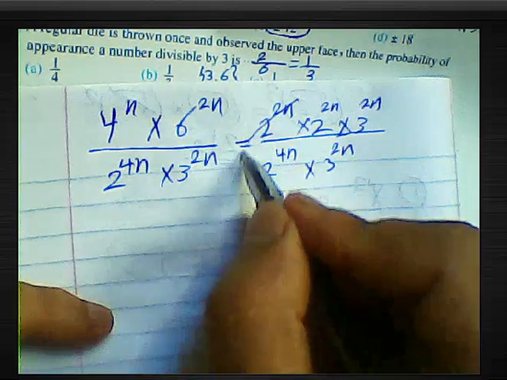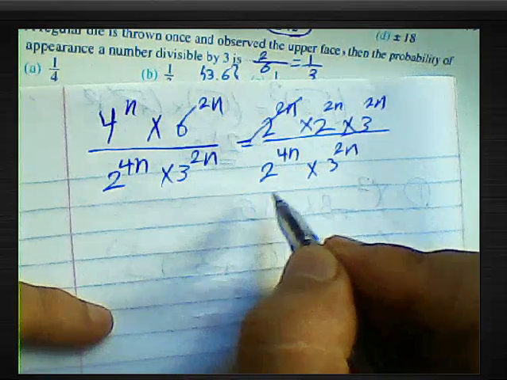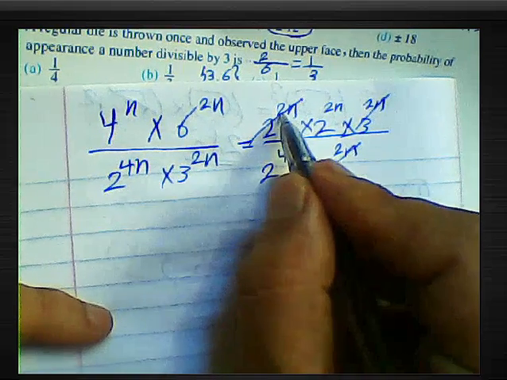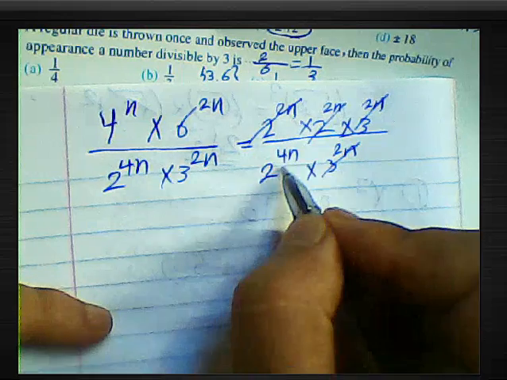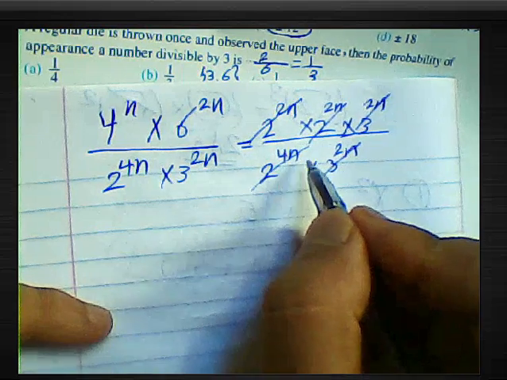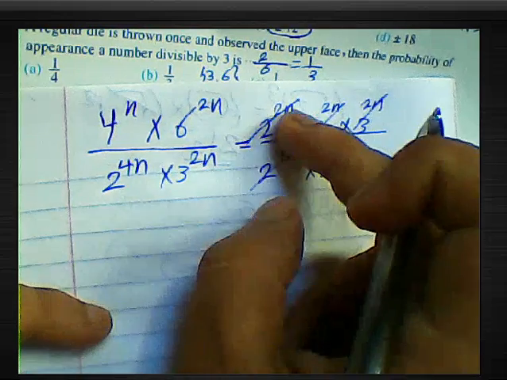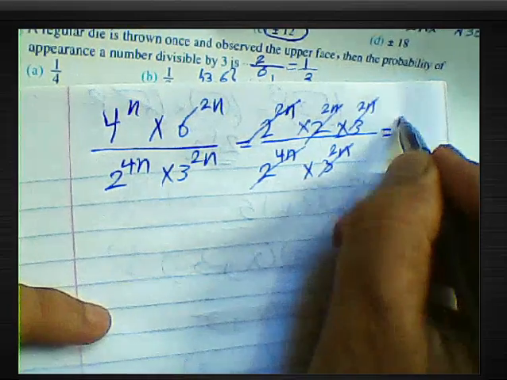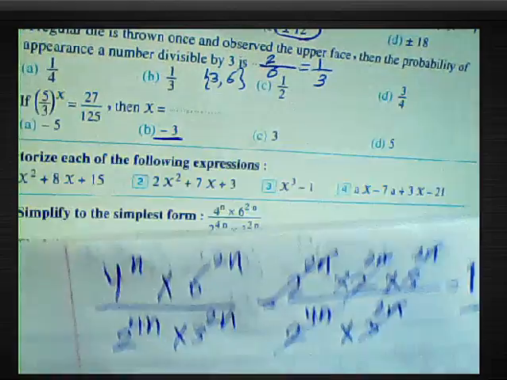We can cancel 3 power 2n with 3 power 2n, so the result will be 2 power 2n multiplied by 2 power 2n. We can cancel it with 2 power 4n because 2 power 2n multiplied by 2 power 2n equals 2 power 4n. The result here will be 1.